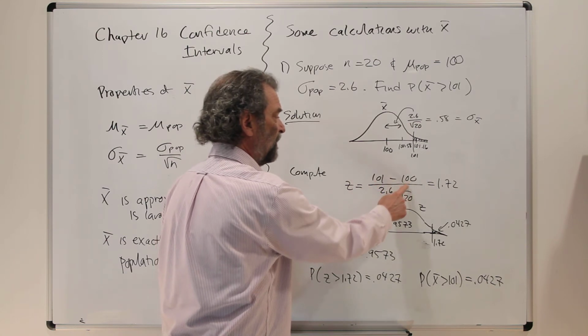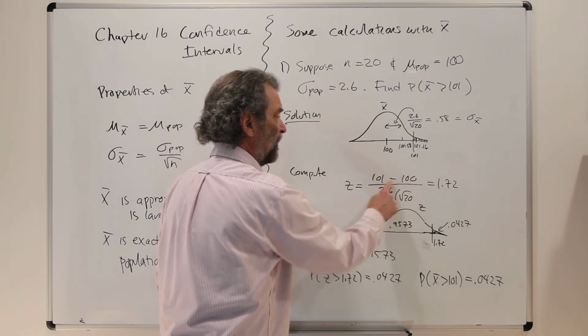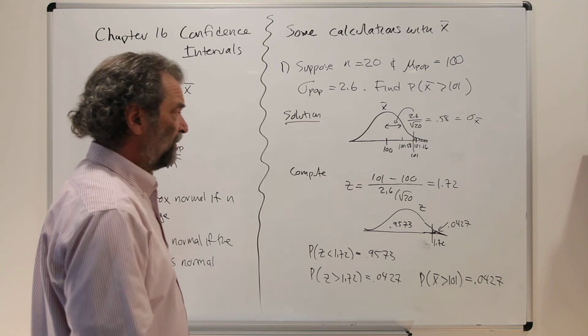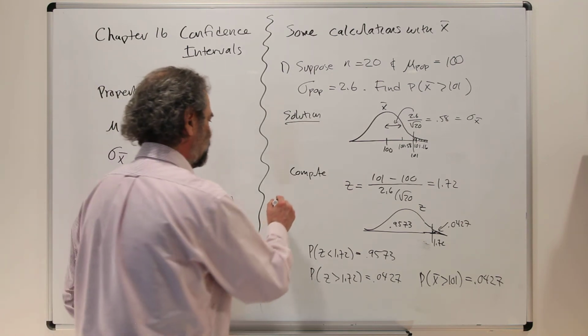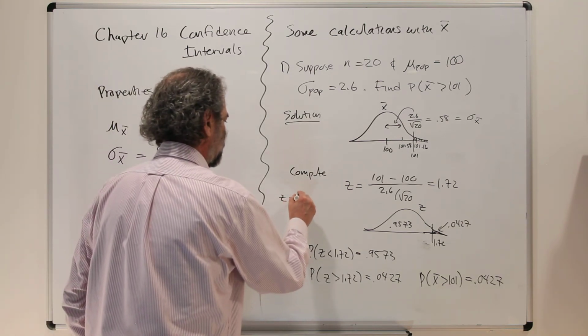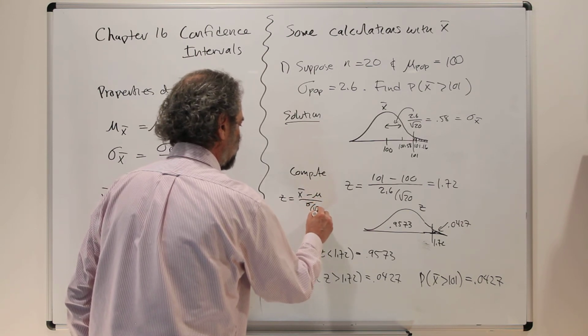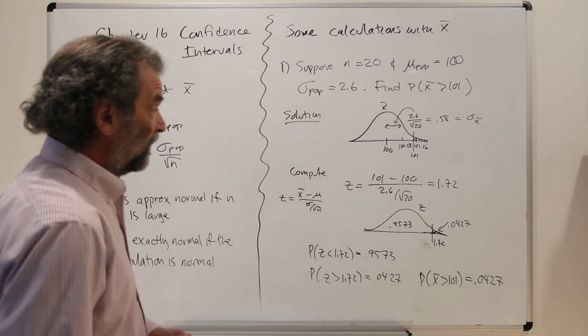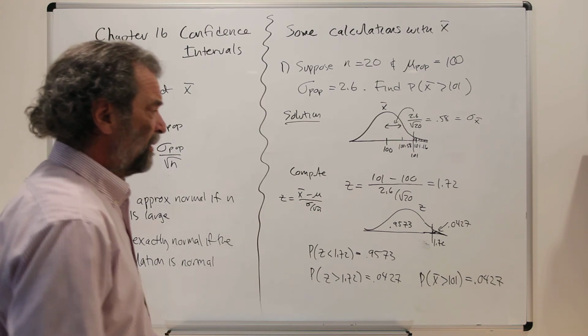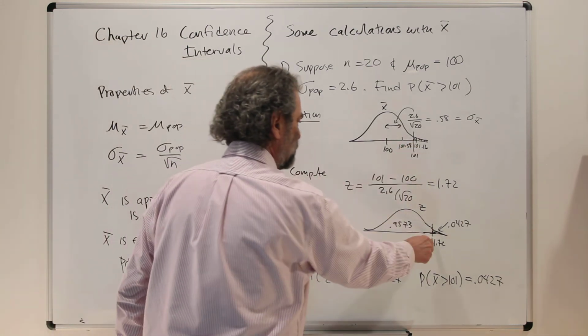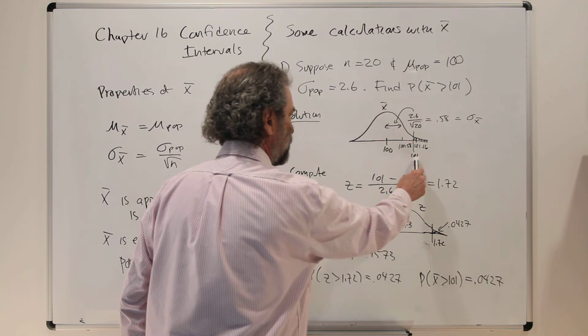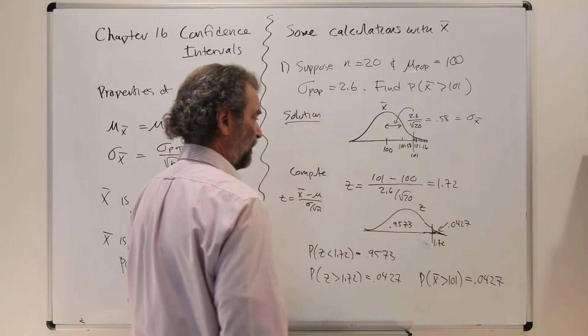The mean is 100. Here's the standard deviation for x bar. To compute that z-value, we should write it here maybe. So z for x bar looks like x bar minus mu over sigma over root n. That's what we just did. We get 1.72. So 1.72 is in this same position in the normal distribution as 101 was for x bar.